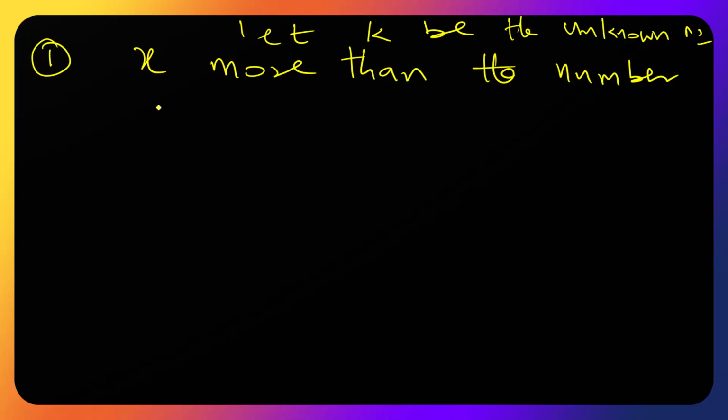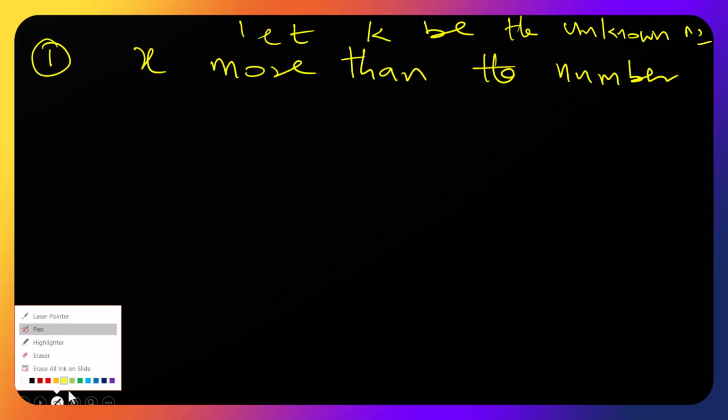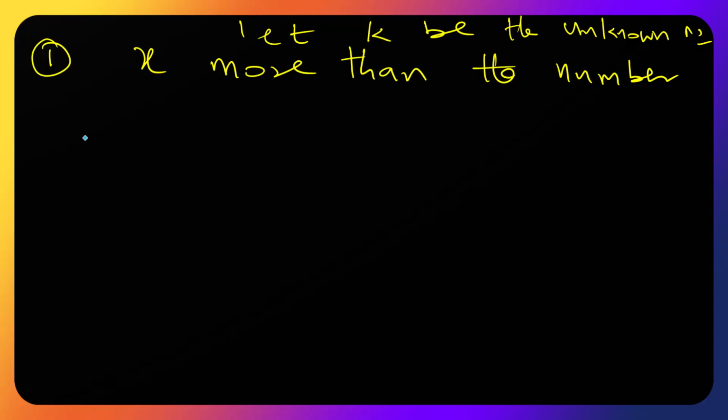So the first statement says x more than the number. So when we say x is more, it means x is more than this, so that would be k plus x. Now always for more than, we just add, put plus in front of the variable in question.